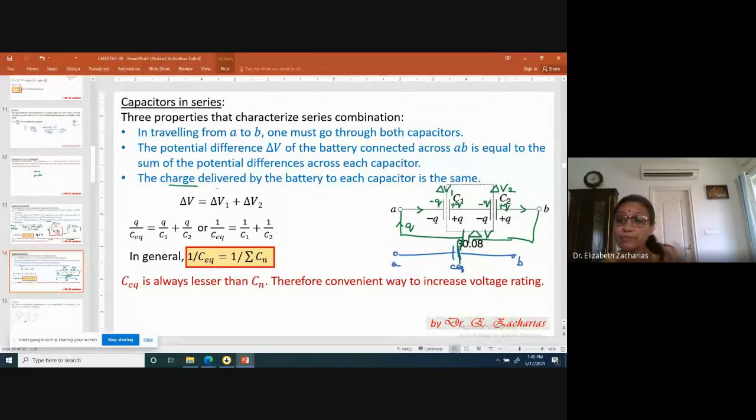The charge on the plates does not depend on the capacitance value, whereas in the previous case, you had Q1, Q2 that depended on the capacitance value.